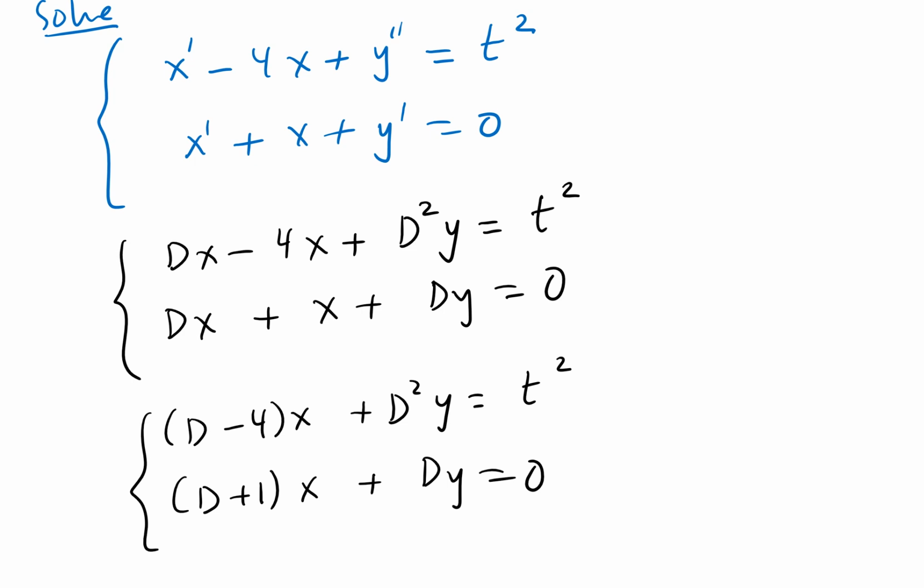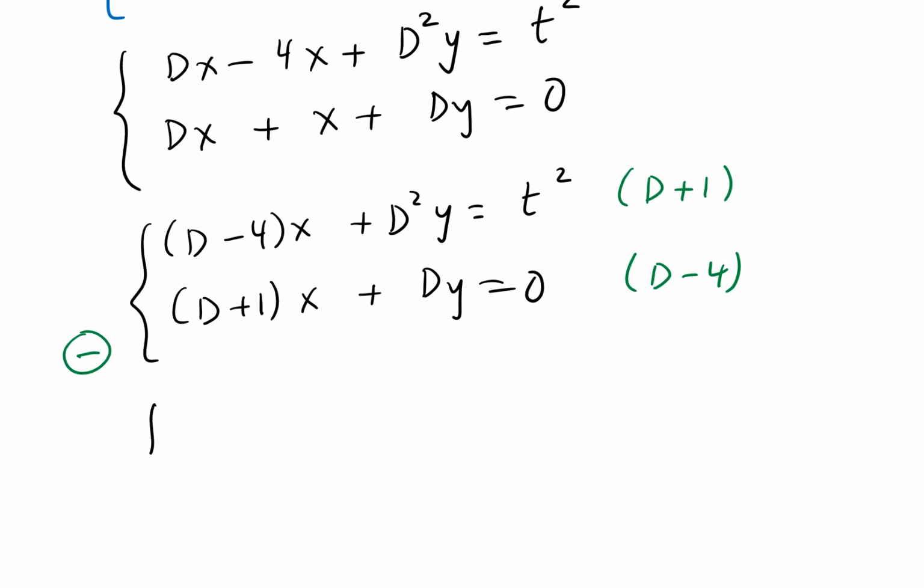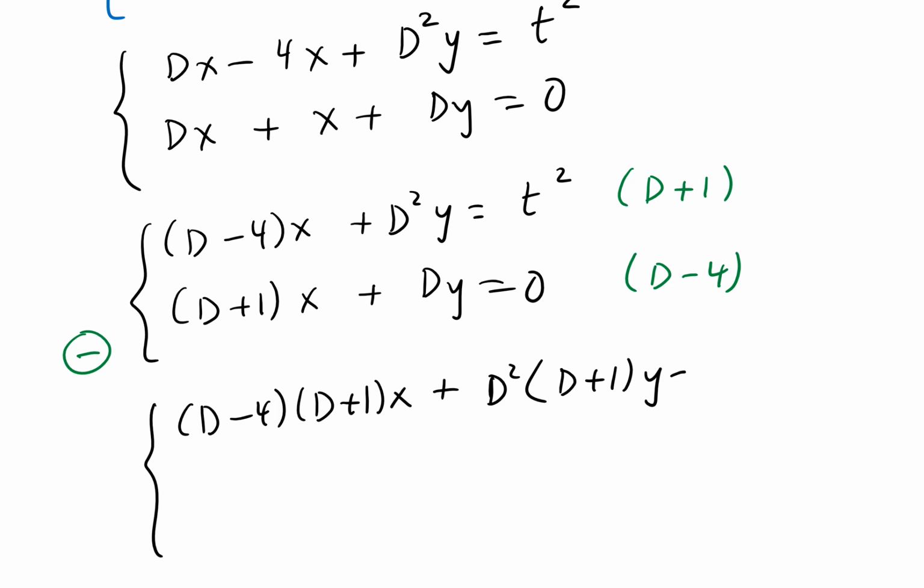Any questions about this? So after the grouping, we would like to eliminate. Let's say I want to eliminate the x's. So I'm going to multiply this by D + 1 and this by D - 4 and then subtract, right? Let's see what we get. (D - 4)(D + 1)x + D²(D + 1)y equals (D + 1)t².